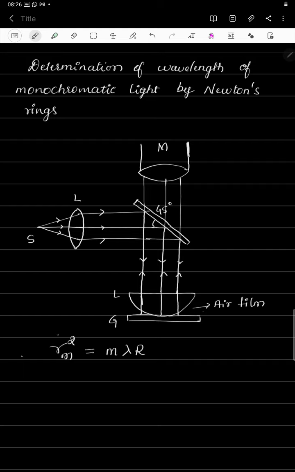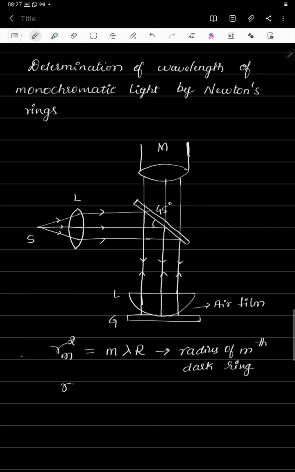Here lambda is the wavelength of light used, which is to be determined, and r is the radius of curvature of the plano convex lens.